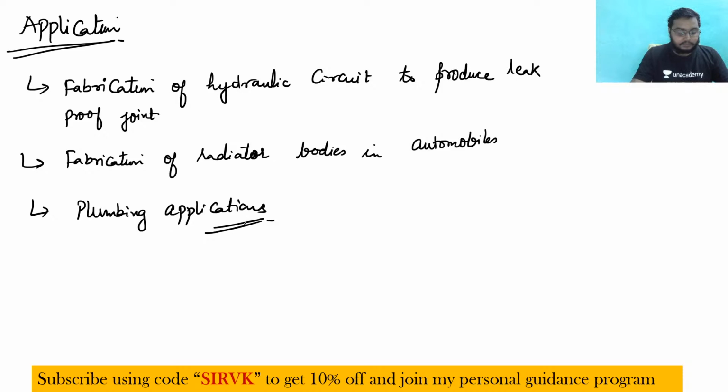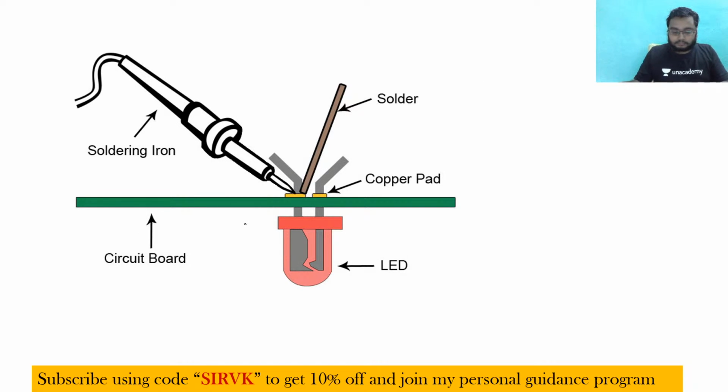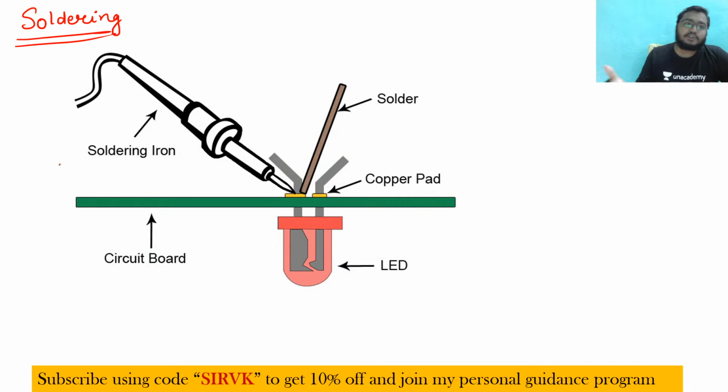Let us talk about the soldering operation. So what is happening in the soldering operation? We have seen this soldering operation in our local shops n number of times, but we do not know the difference.